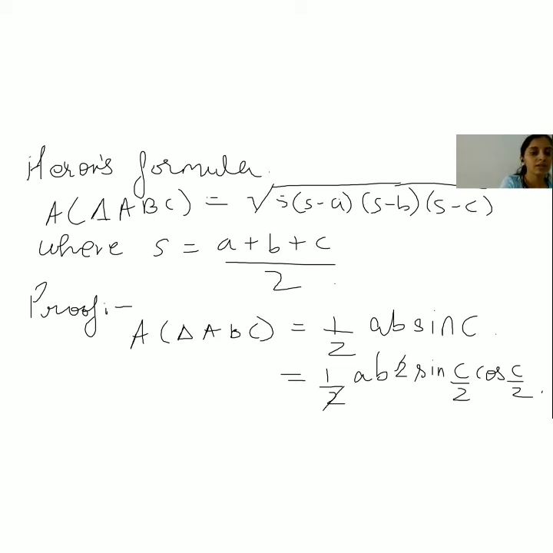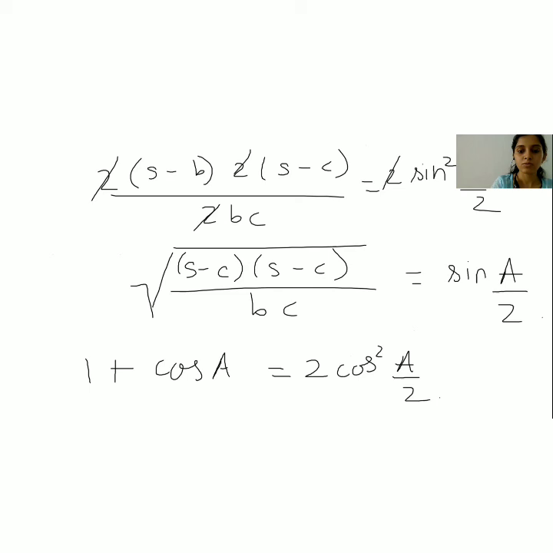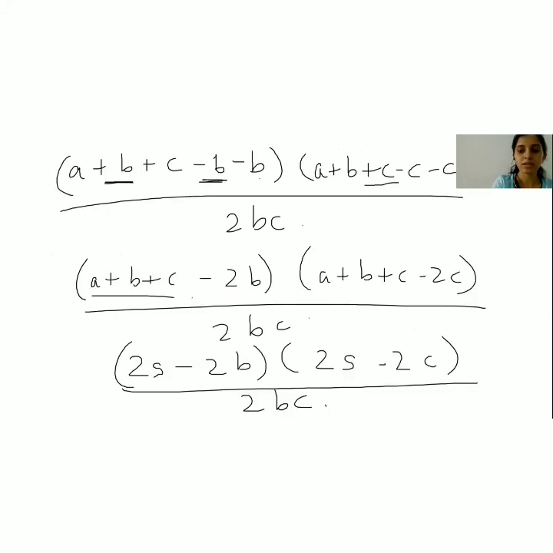So area of triangle ABC is equal to half AB as it is. In the bracket, what will be sine C by 2? From the formulas that we just learned, sine A by 2 is this.